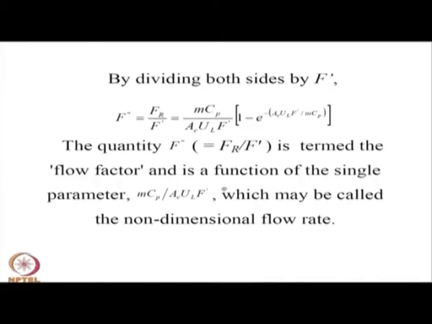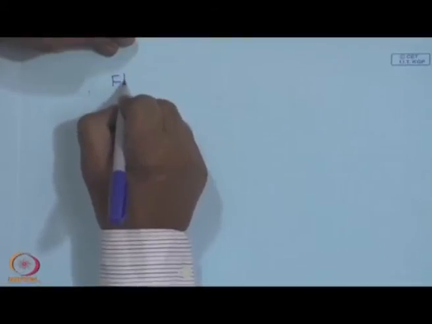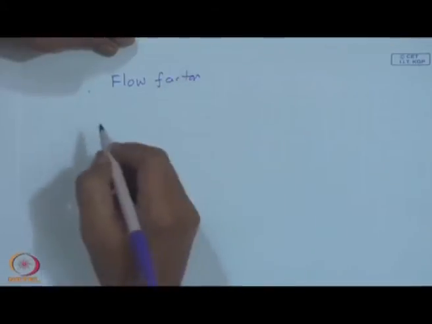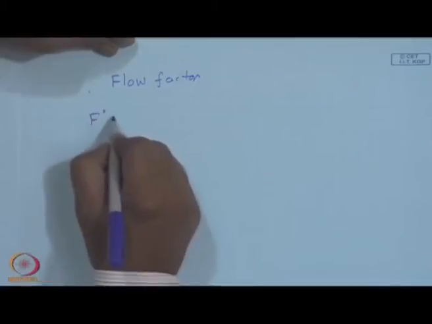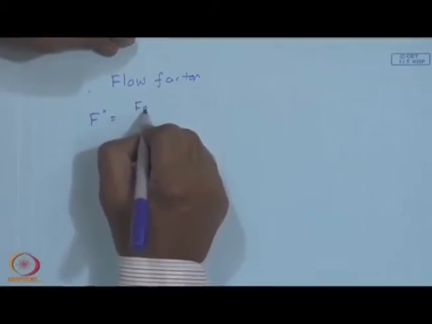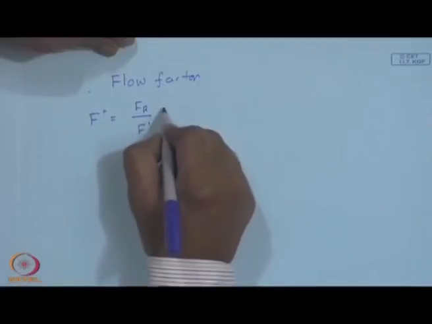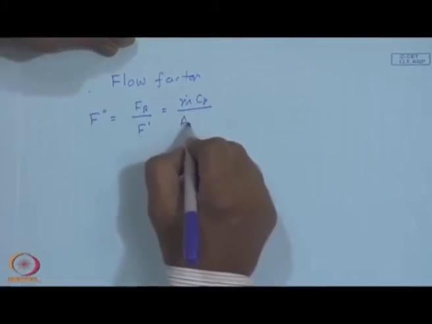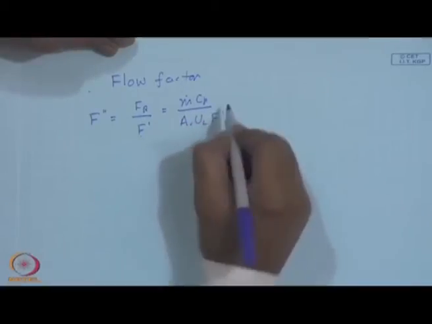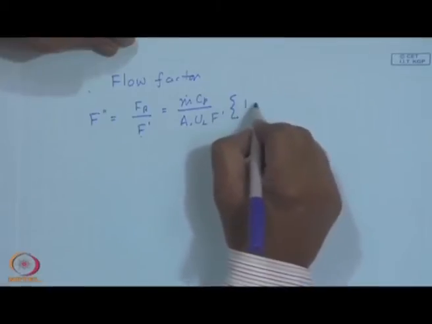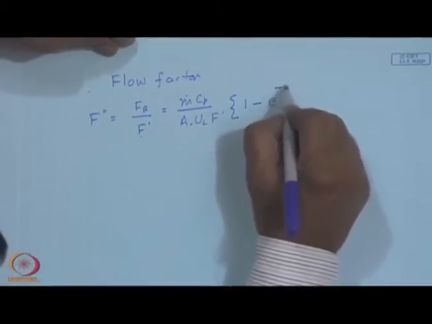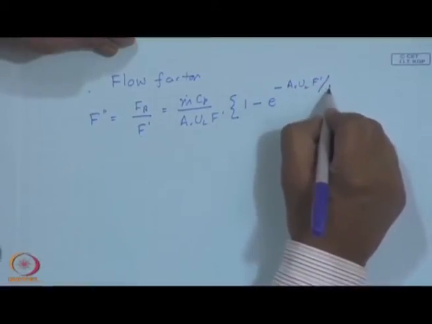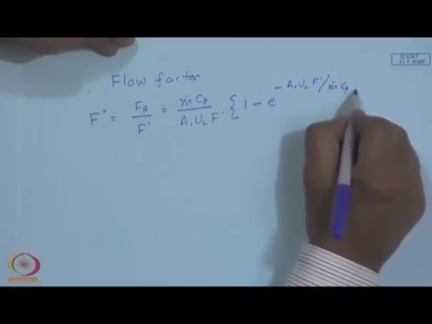Now, people have introduced another factor, the flow factor, which is f double prime equal to F r divided by f dash, which will be m dot C p by A c U L f dash times 1 minus e to the power minus A c U L f dash by m dot C p.